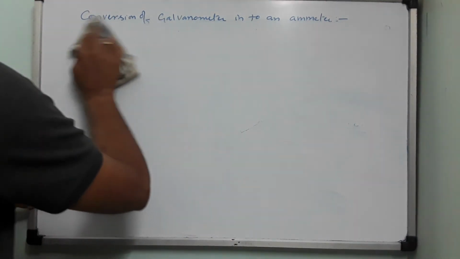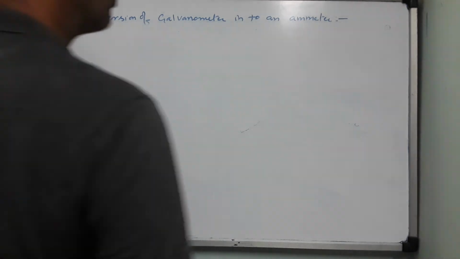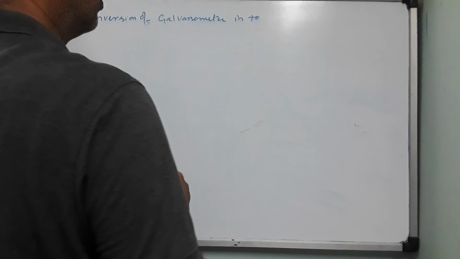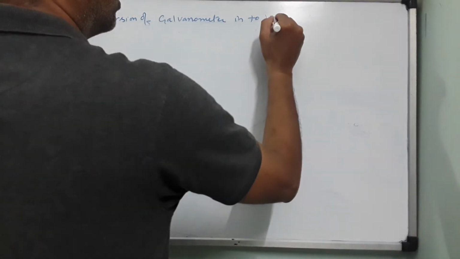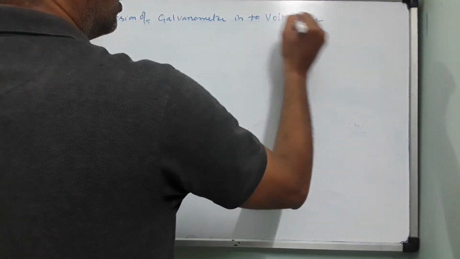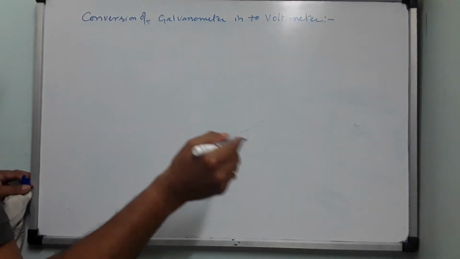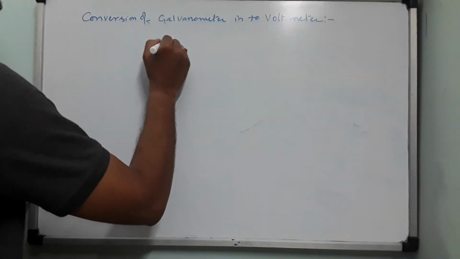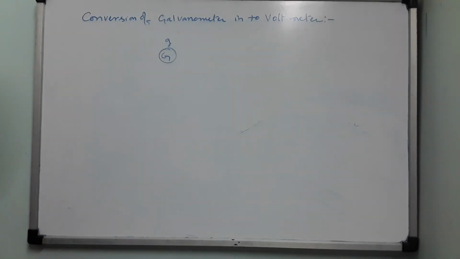Conversion of galvanometer into voltmeter. Fine. So same factors. Here is your galvanometer, whose coil has a resistance of 100 ohm.